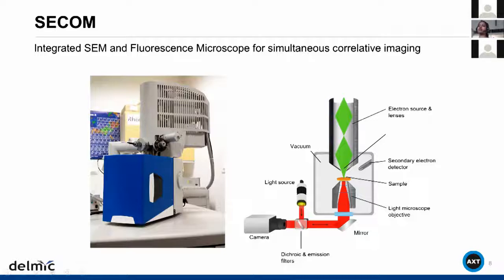Simultaneously with that, the light source shines light on the sample, which is then taken by means of the dichroic and the mirror, and it excites fluorescence in the sample. This fluorescence is then collected back on the camera. So this is the schematic for acquisition of electron and fluorescence image on the SECOM.